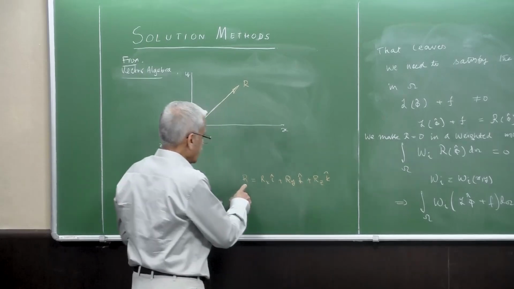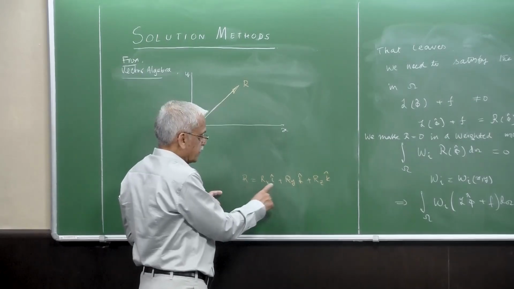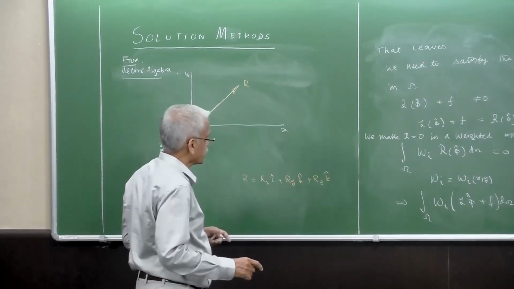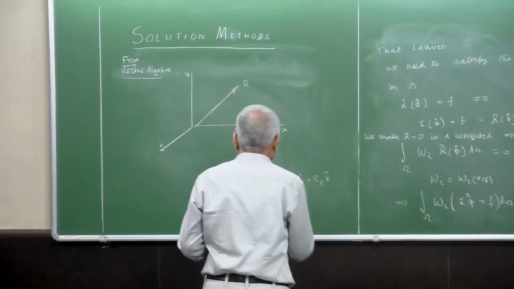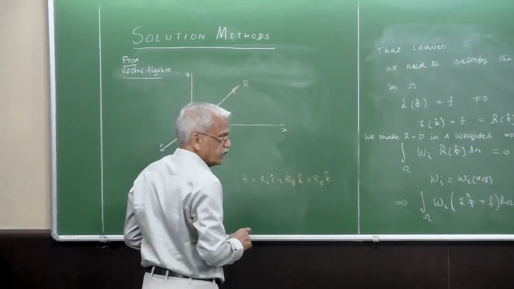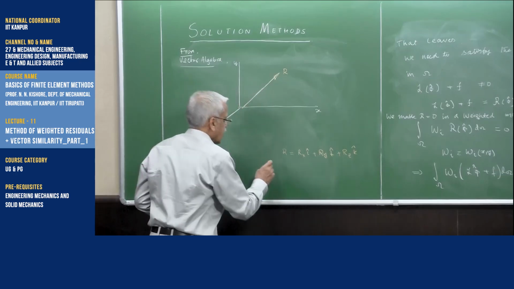Let's assume that we have an unknown vector R with 3 components in x, y, z.